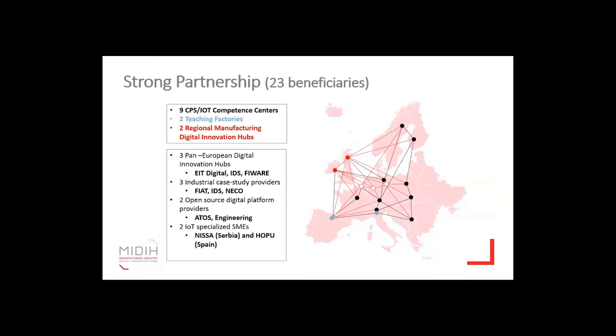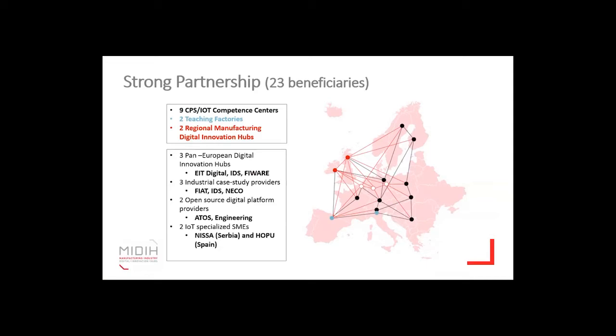One peculiar characteristic of MIDIH is that in our consortium, we also have a concept of network of digital innovation hubs. As a matter of fact, the project's main aim is to build a network of digital innovation hubs.